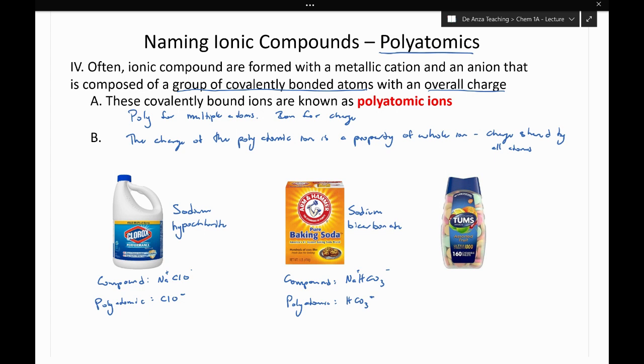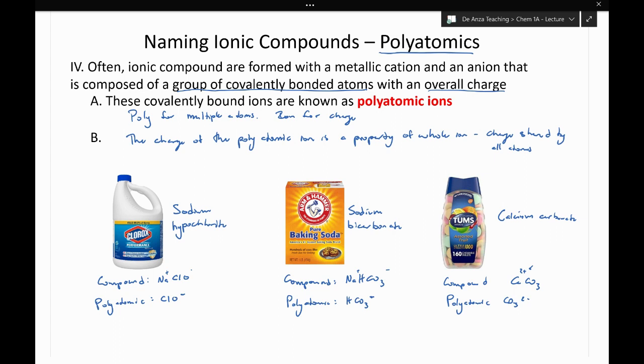And then the final one is the active ingredient in Tums, which is calcium carbonate, which is also what makes up seashells, as well as in part bones, where the compound here is calcium CO3. We know that calcium is a 2 plus, and that's the metal portion. So our polyatomic must be everything else except for the calcium. So that's CO3. And if calcium has a 2 plus, that CO3 must have a 2 minus.